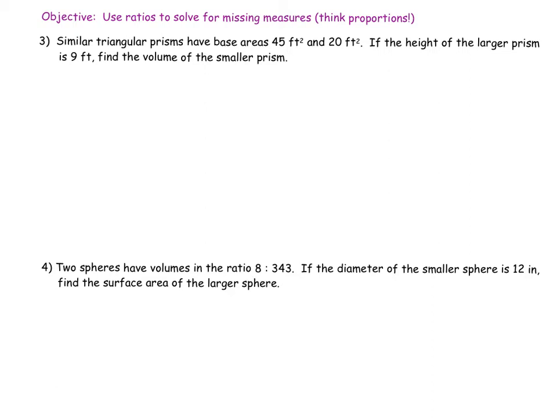I'm going to start the same way I started the other examples that I walked through in my second video, by identifying which ratio I am given. And the given ratio here has to do with base areas. The key word is, of course, areas. So I'm going to start over here and just note that my ratio of areas is 45 to 20.